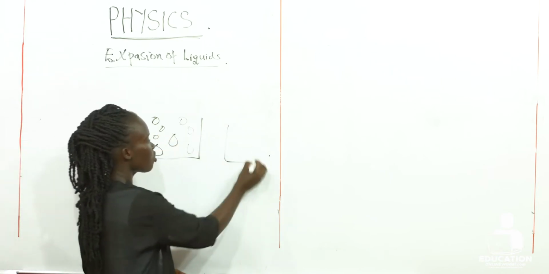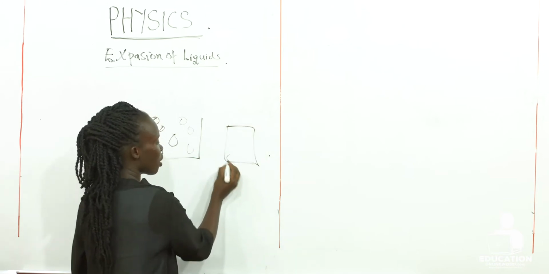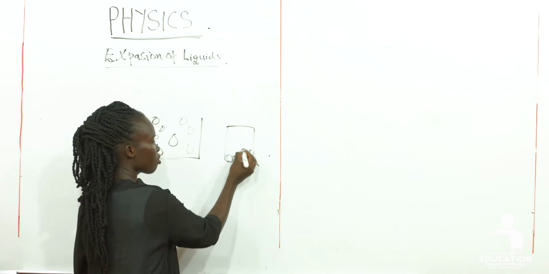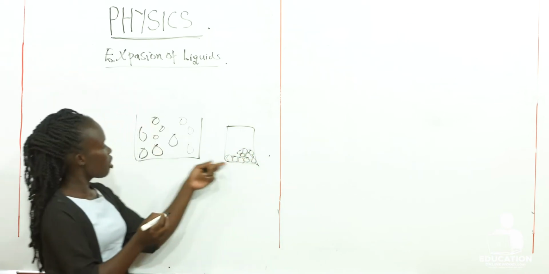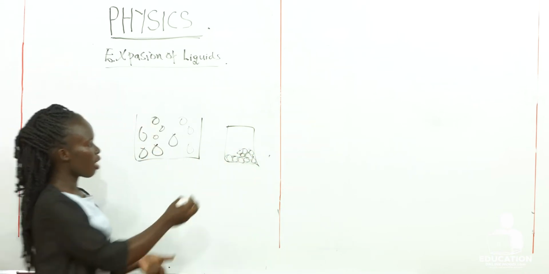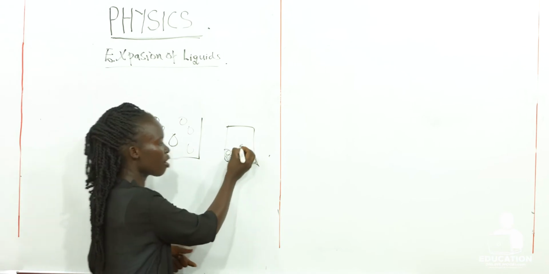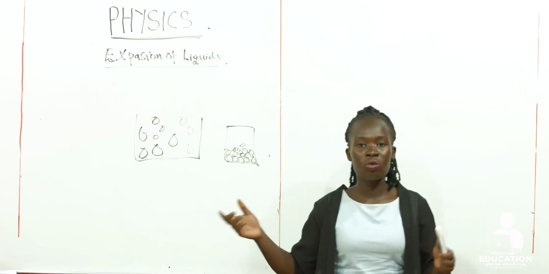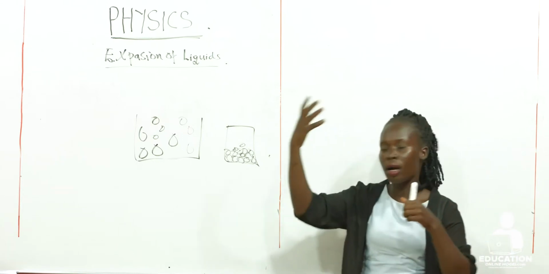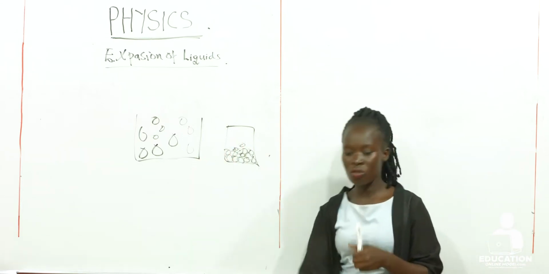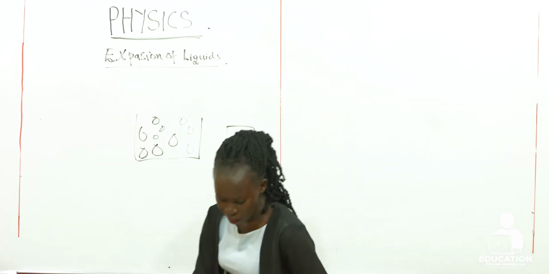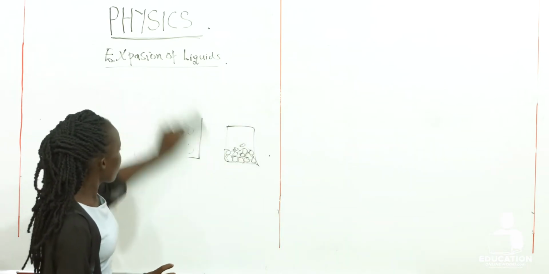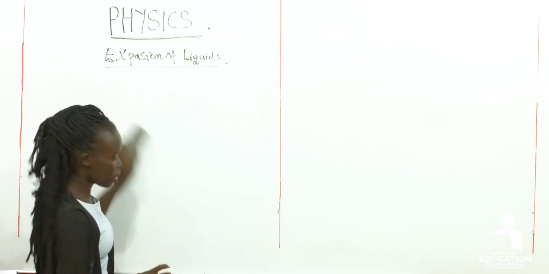With a solid object, the particles are compact; they squeeze themselves together. This difference in the way the particles are arranged in solids and liquids makes liquids expand more than solids. So how are we going to find that out? Let's look at this experiment.